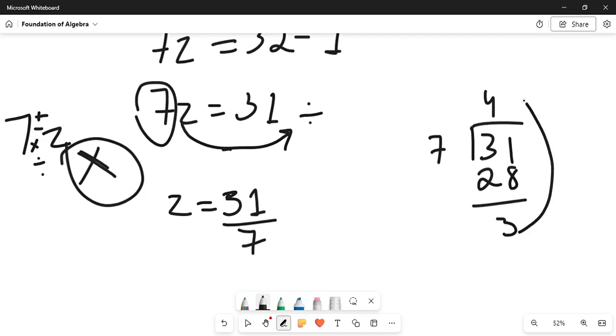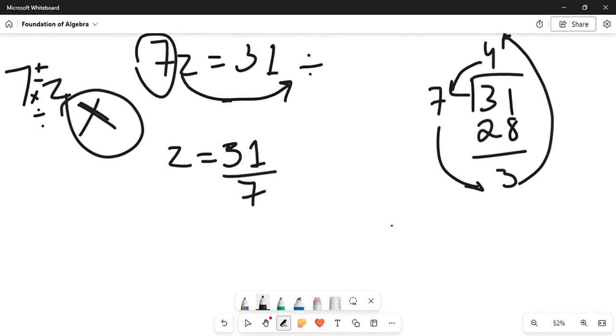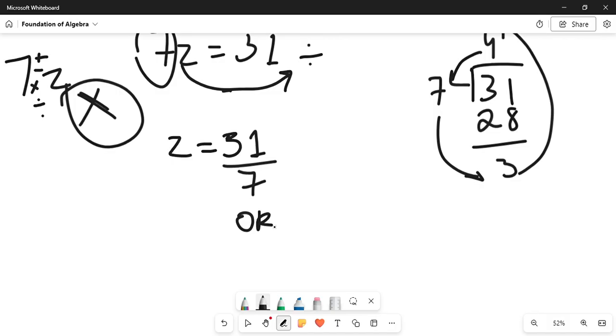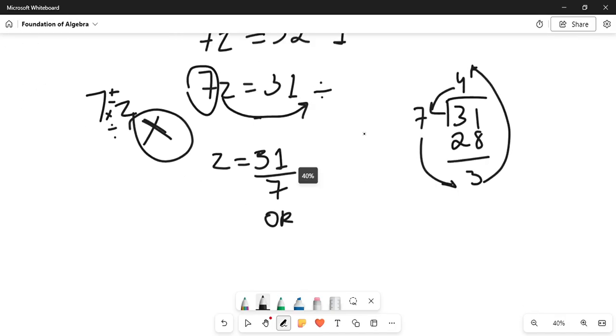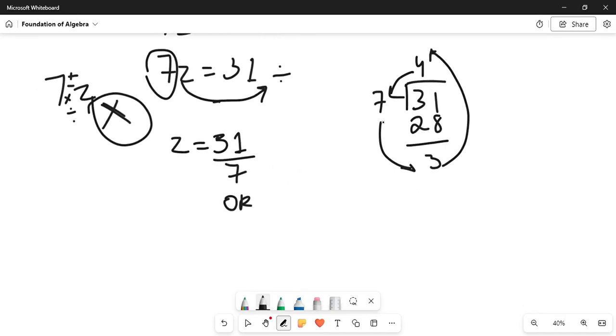So this to the top, this comes here, this comes down. So we can write it as 4 comes here at this place, and 7 goes down in the denominator, and 3 goes up in the numerator. So we get this.